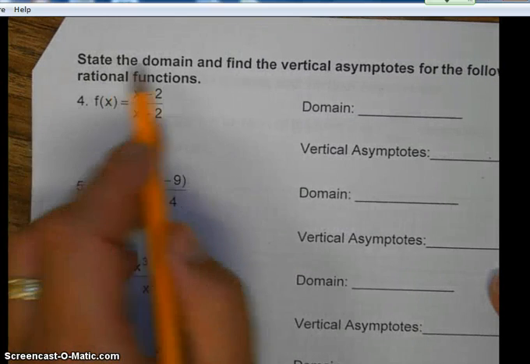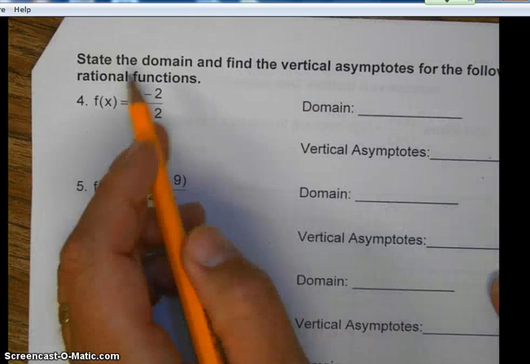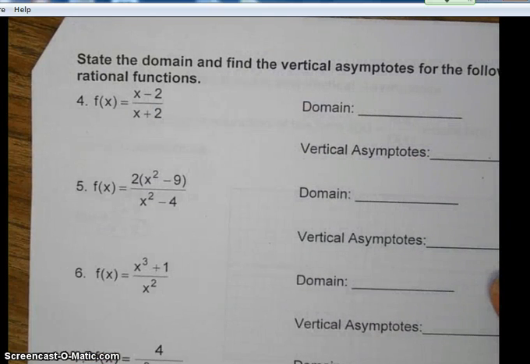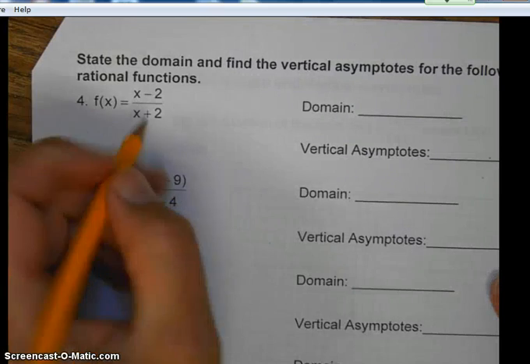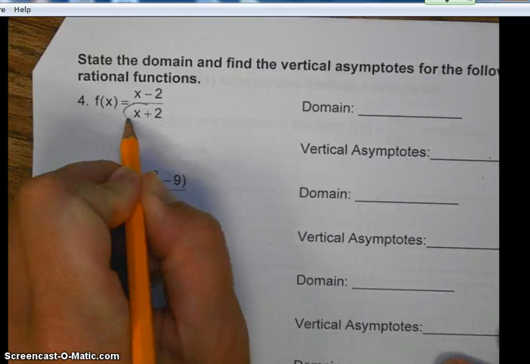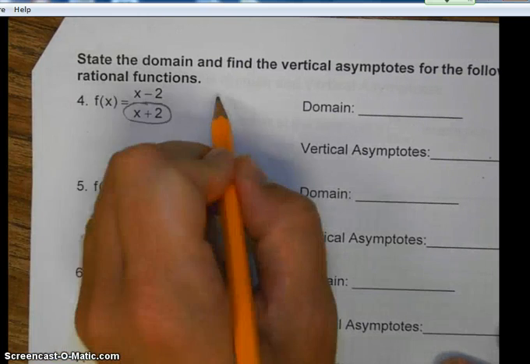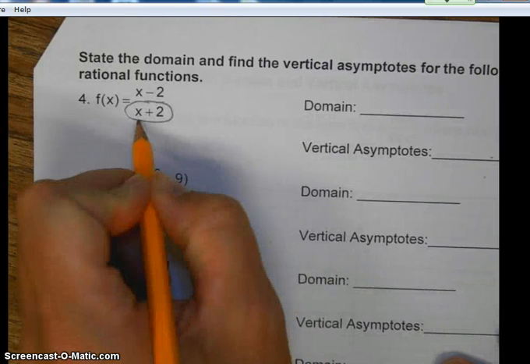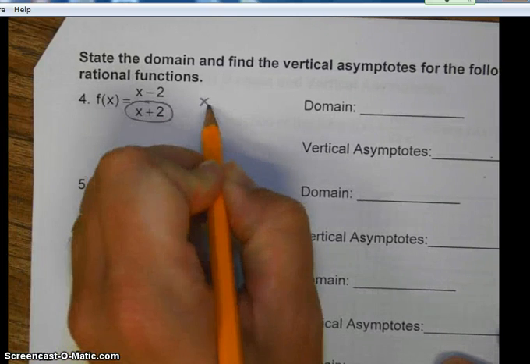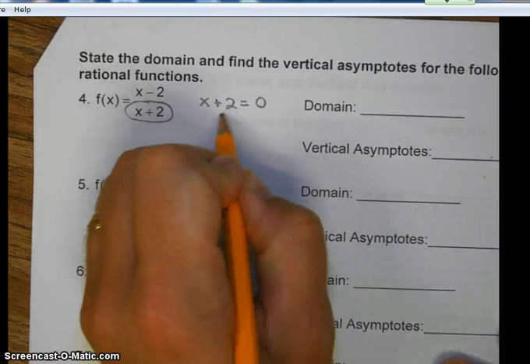It says state the domain and find the vertical asymptotes for the following rational functions. Again, to find the vertical asymptote, we take the polynomial in the denominator, set it equal to 0, and then solve for x.